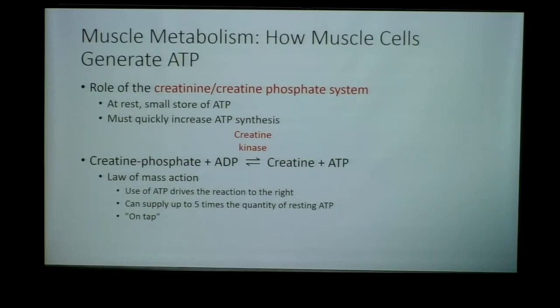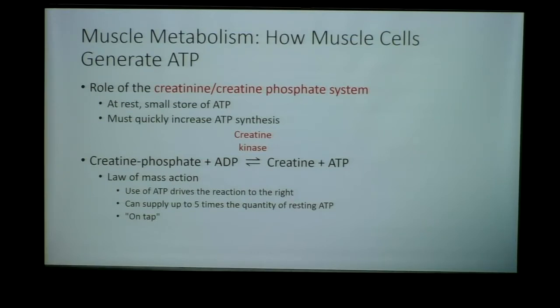Now, creatine is this molecule that we can use to store some energy for muscle contraction. And so this process generates a small amount of ATP at the beginning of muscle contraction. So when your muscles are at rest, there's no ATP usually. And so in order to get a contraction going, we need a transient source of ATP.